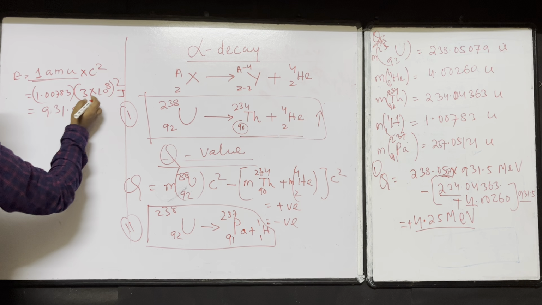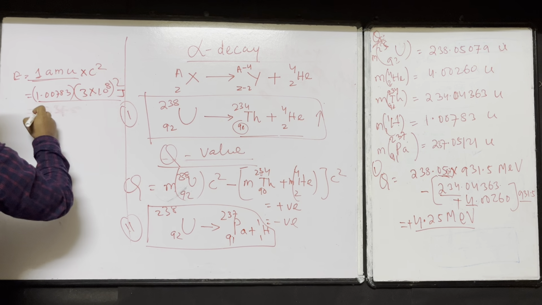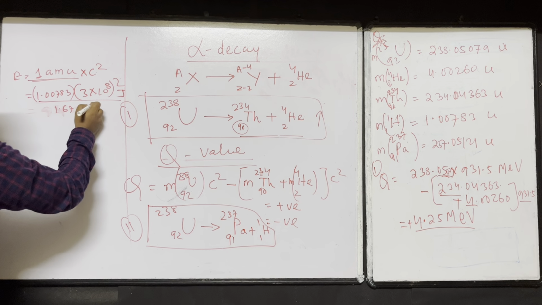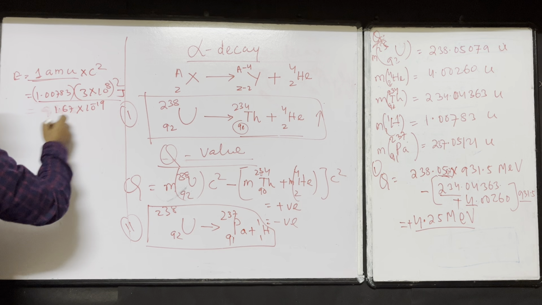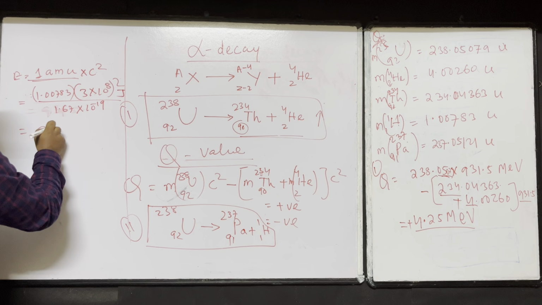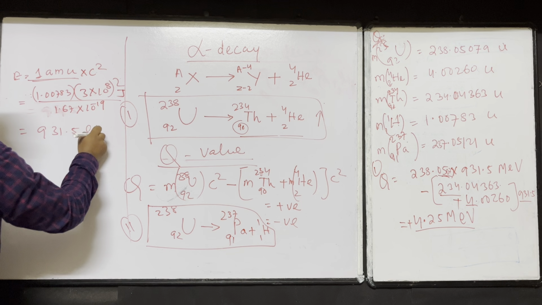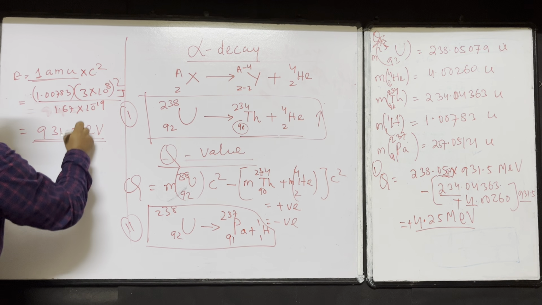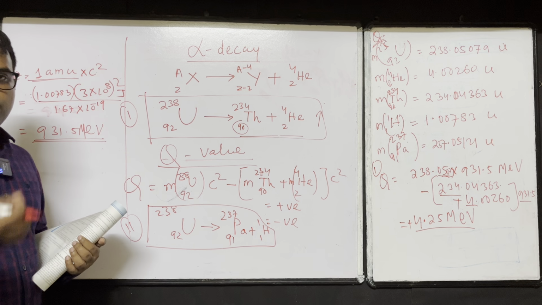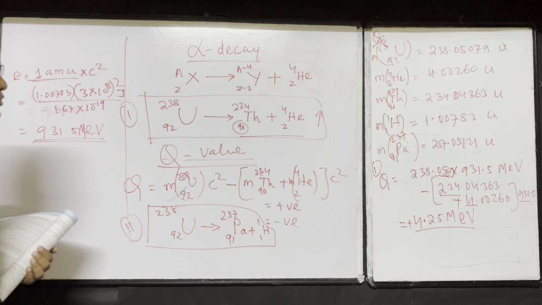Now you have to divide this by 1.67 into 10 to the power minus 19. After the division it will come in eV. The answer will be 931.5 MeV, 10 to the power 6 eV. So this is coming as the energy of one proton or one AMU, right.